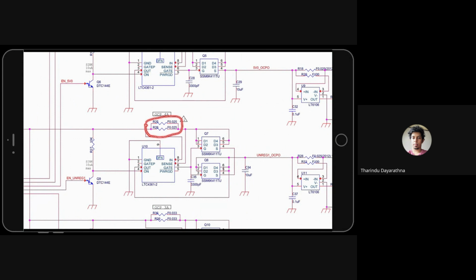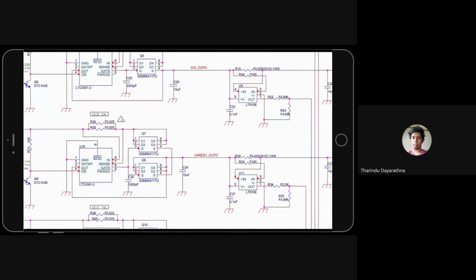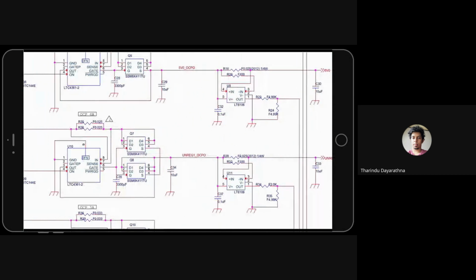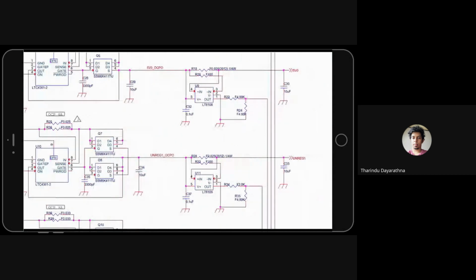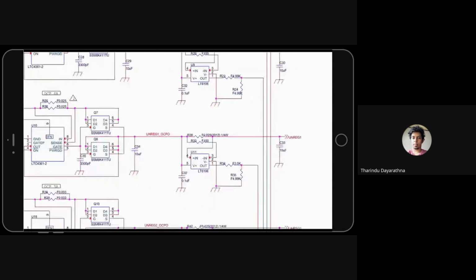The resultant resistance is now 0.125. Since the OCP triggering current is 4 ampere, in this path the OCP current can flow closer to 4 ampere.